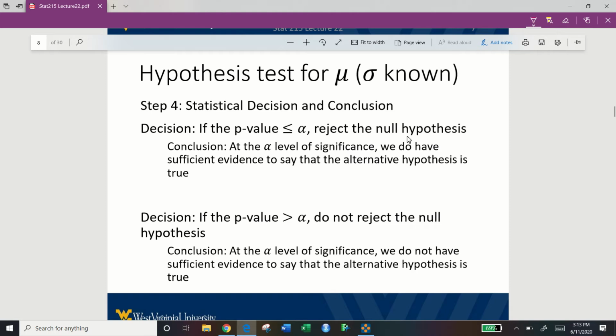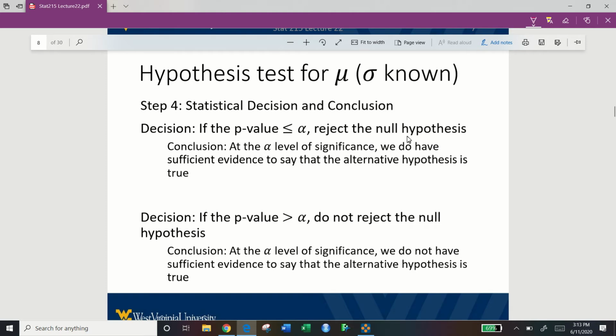We will need to modify this conclusion in order to put in the appropriate scenario. Context is key. On the opposite hand, if our p-value is greater than alpha, we do not reject the null hypothesis, and our conclusion will be, at the alpha level of significance, we do not have sufficient evidence to say that the alternative hypothesis is true.